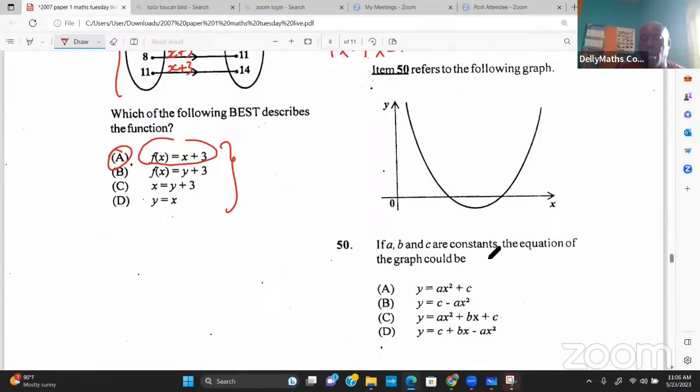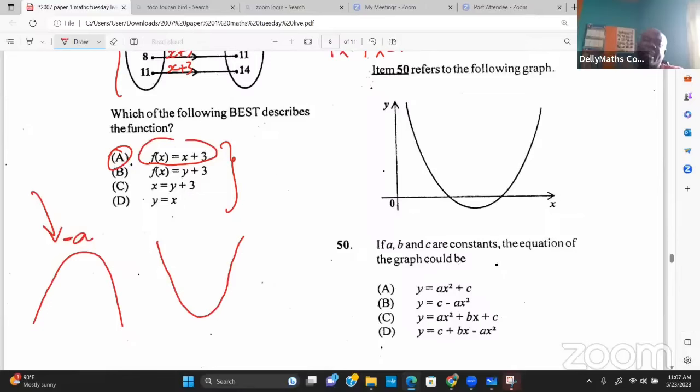Number 50, coming down, it says, if A, B, and C are constants, the equation of the graph could be what? Now, firstly, your quadratic curve could shape 2 ways. 1, it could turn like this. 2, it could turn like this.